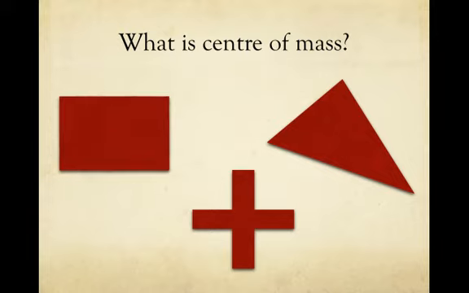So for this example, we're going to look at a system of 3 point masses distributed along a light uniform rod.